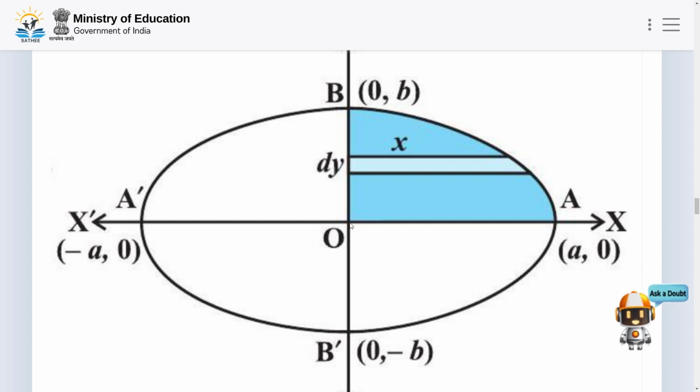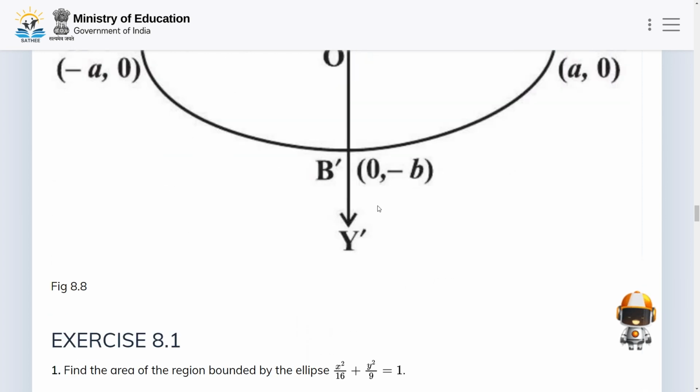This means your area starts at 0 on the y-axis, and the end point for the area on the y-axis will be b. So 0 to b will be your limits. In this manner you can decide your limits for horizontal as well as for vertical strips.